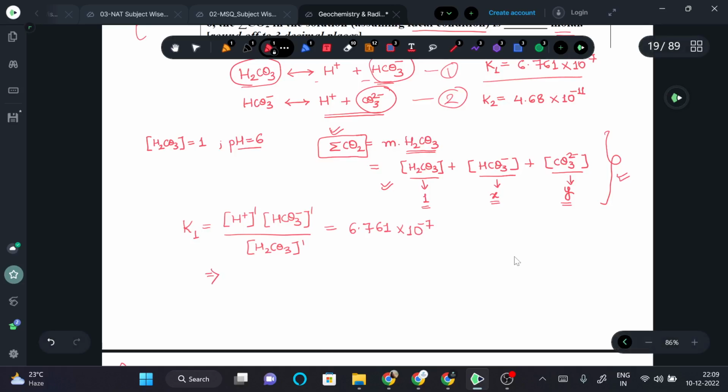Now have a look at this. What can we write for the H plus concentration?